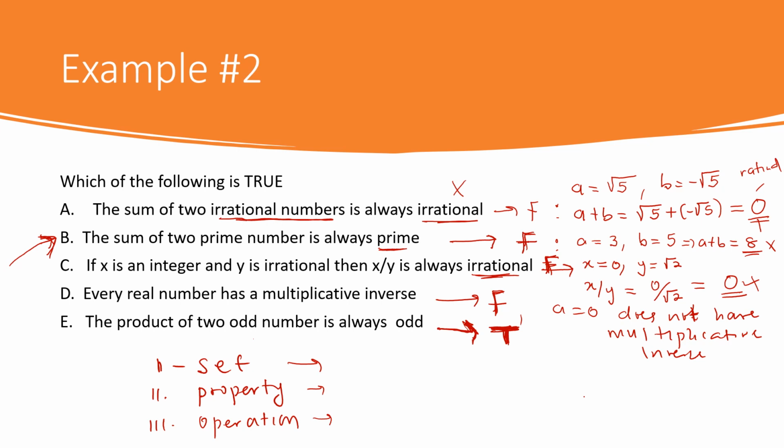In other words, it is not closed under addition. But the real numbers themselves are closed under addition. So that is why it's good you mention the set as well.